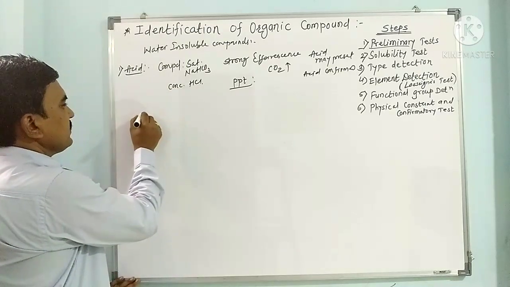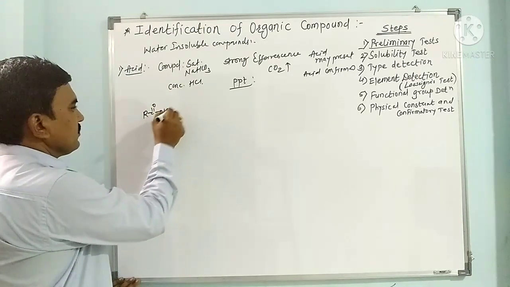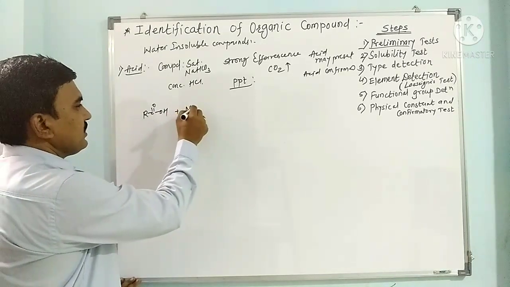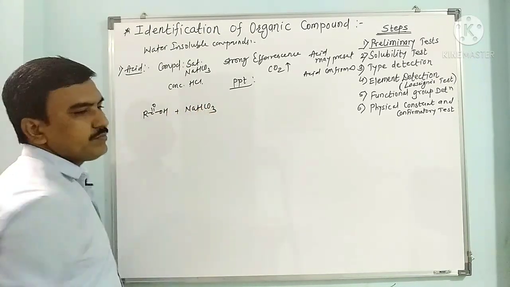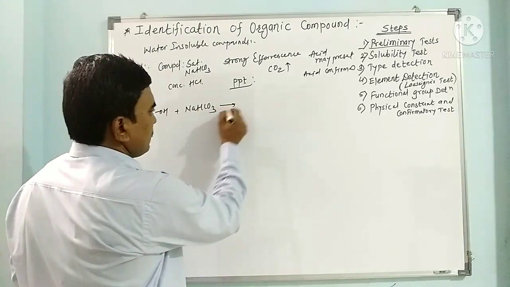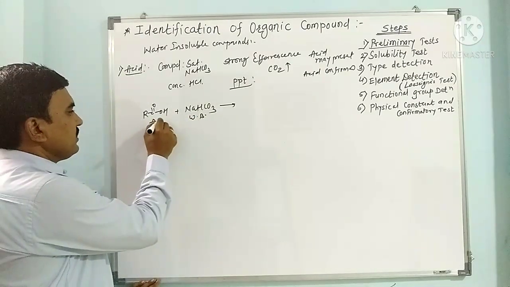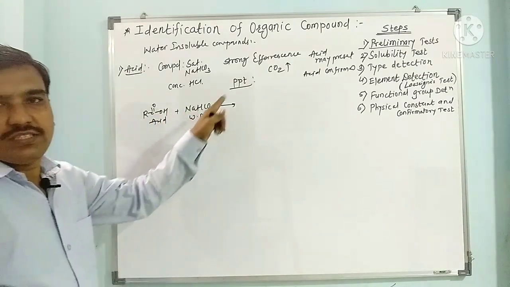Now how does this acid reaction take place? In case of carboxylic acid, RCOOH reacts with sodium bicarbonate, NaHCO3. Sodium bicarbonate is a weak base. Here this is acid, and acid reacts with base to give salt.